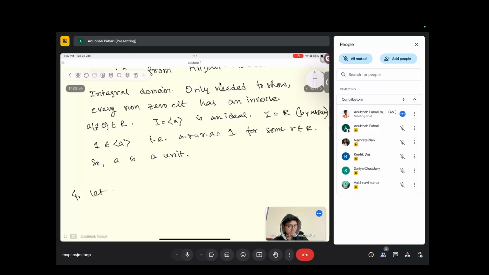Let R be a commutative ring, just ring, because we are already assuming that it is commutative.